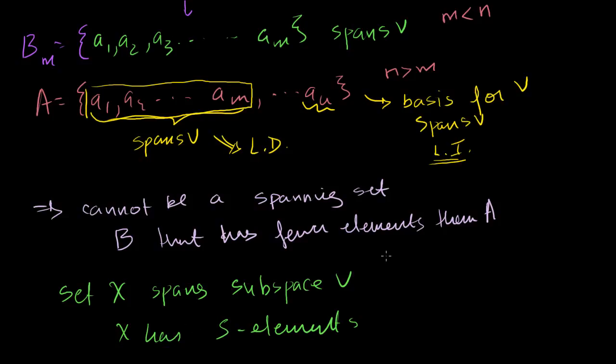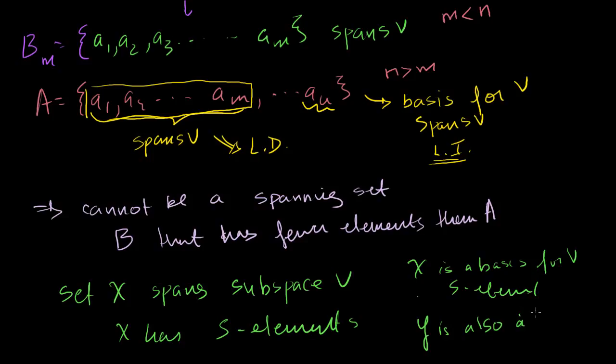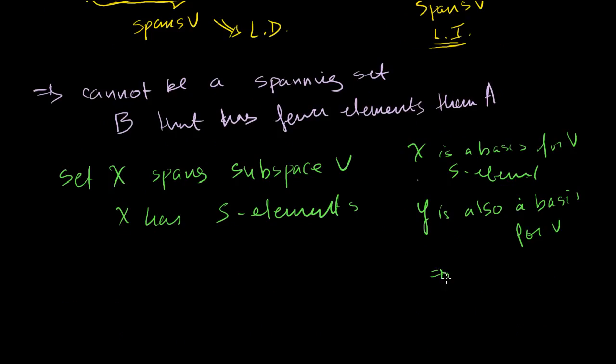Even better, if I told you that X is a basis for V, and it has 5 elements, and Y is also a basis for V, you know that Y also has to have exactly 5 elements.